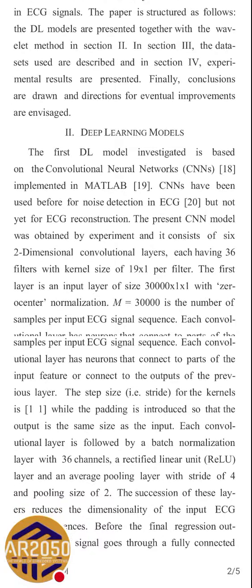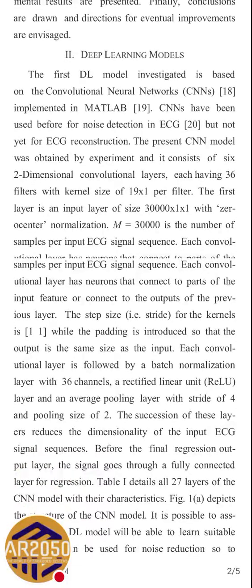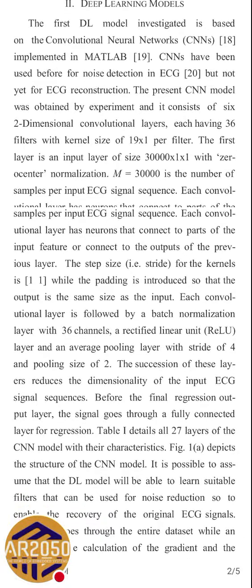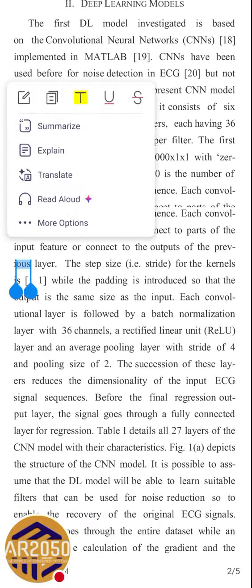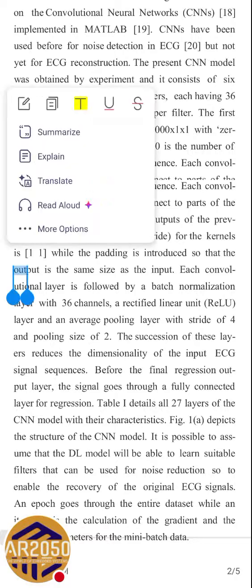The first layer is an input layer of size 30,000 by 1 by 1 with zero center normalization, and each convolution layer has neurons that connect to part of the input feature or to the output of the previous layer. The step size for the kernel is 1 by 1, and padding is introduced so that the output is the same size as the input.